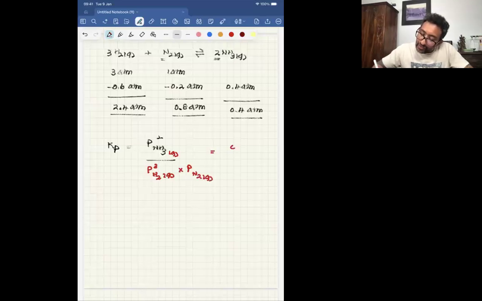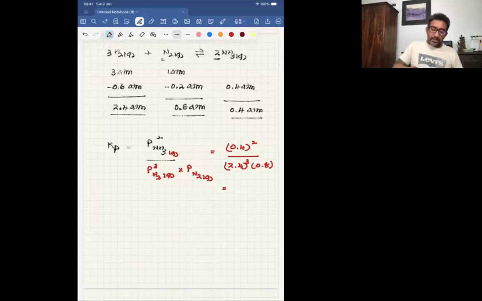This gives you 0.4 squared divided by 2.4 to the power 3 multiplied by 0.8, same usual unit. That is 0.0144 atm to the power minus 2.